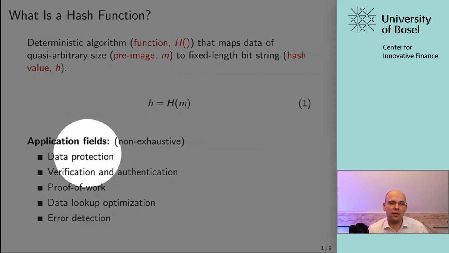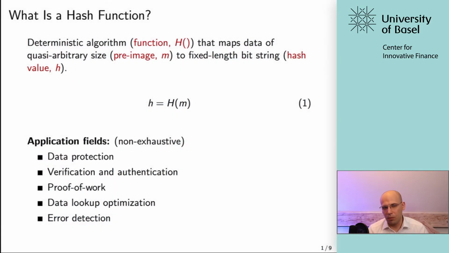For example, in terms of data protection, when applications store user passwords, they don't store them with clear text. That would be really bad from a security practice point of view. What you're doing is you're only storing the hash values, which gives you some additional security in case your server gets hacked.